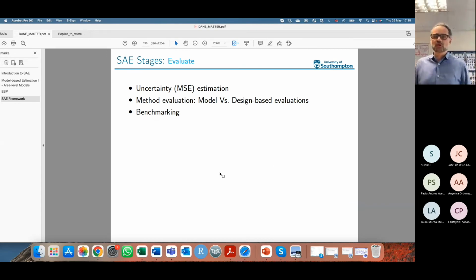Now let me go to the evaluation stage, and there are a few things that are important here. One is we cannot really escape that: we really need estimates of uncertainty, some measure of uncertainty. When we use models, we are normally interested in a measure of the mean squared error.